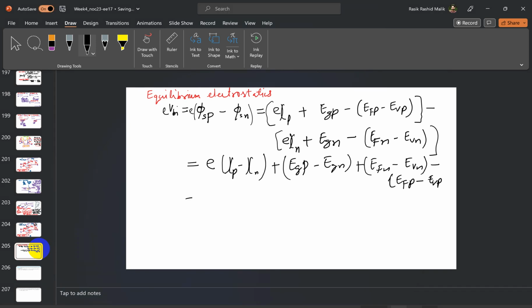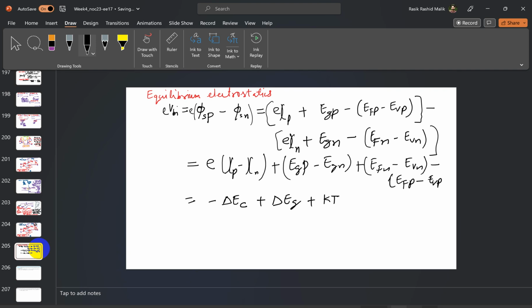Which can be further expressed as minus delta EC, because we already know the difference between the electron affinities, from the narrower band gap to the wider band gap material, is the conduction band discontinuity, so it is minus delta EC, and then we have delta EG, the difference in the band gap, and then we can write it as KT, this is doping dependent, the difference between the Fermi and the valence band energy.